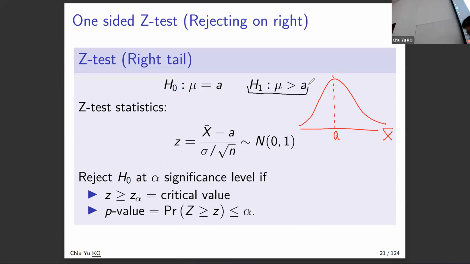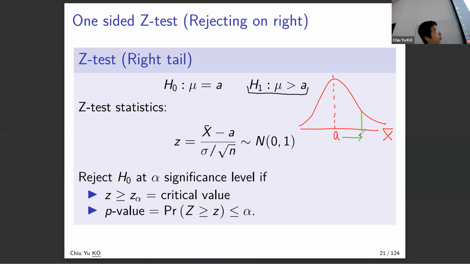In other words, if somewhere here is very large, if far away enough, then we would say that we can't support the null.